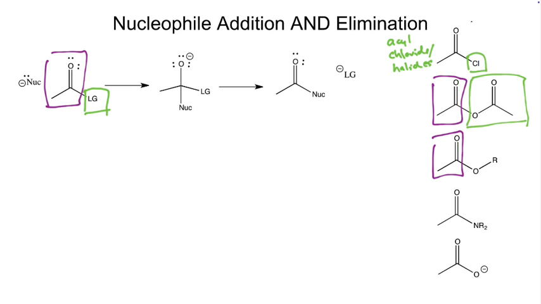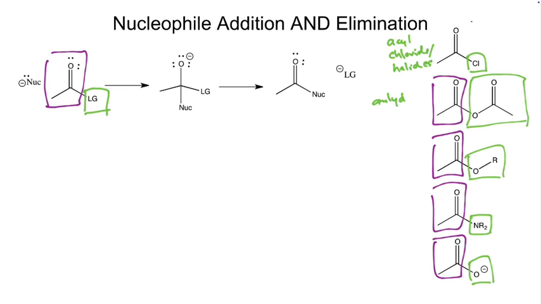Next thing, same deal. There's our leaving group, and leaving group. These are the primary functional groups or structures that you would see when we're talking about nucleophile addition eliminations. Okay, the next one is what's known as an anhydride. Let me actually spell that appropriately.